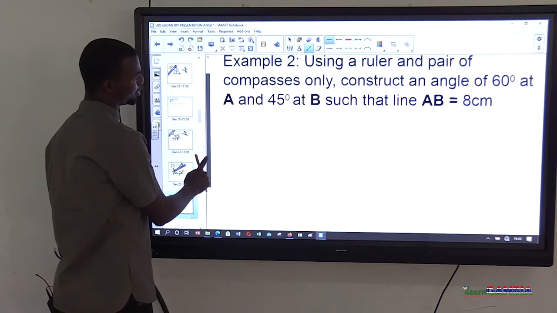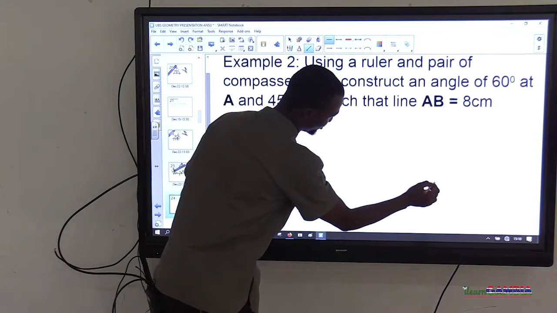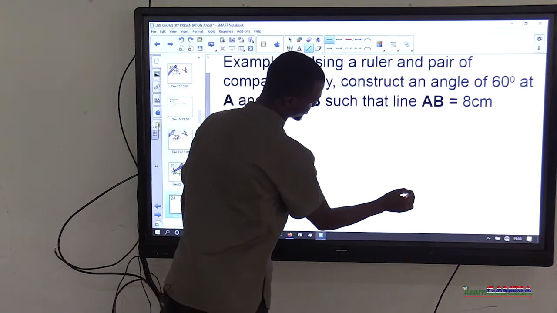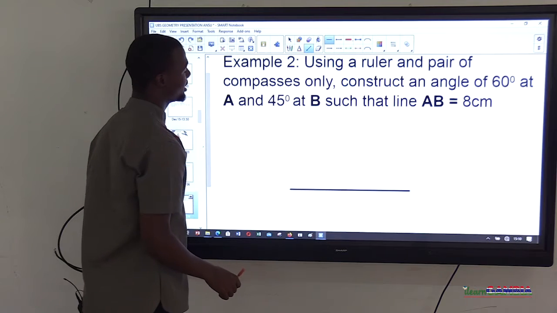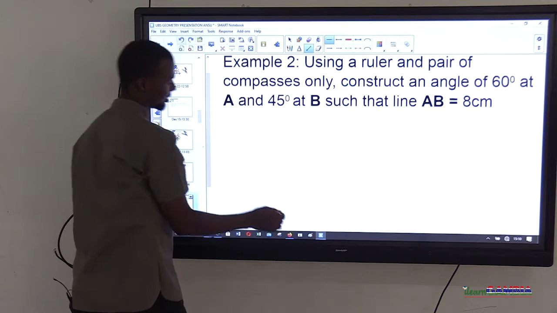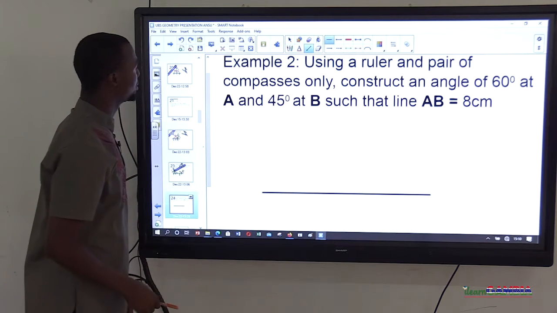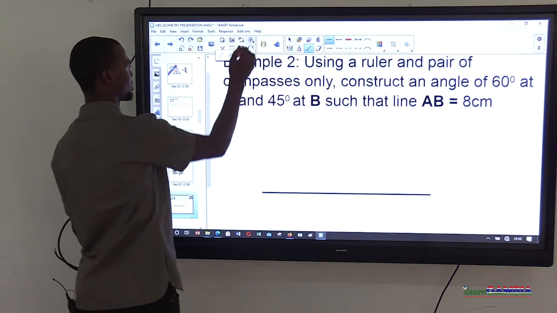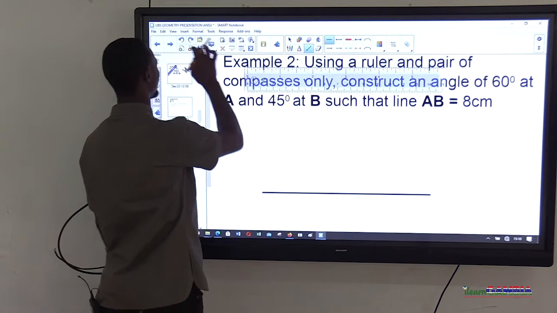We should do this one a little faster, having known the previous example. The line should be 8 centimeter. We bring our measuring tools.